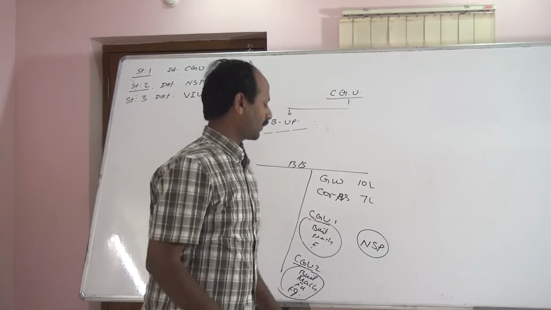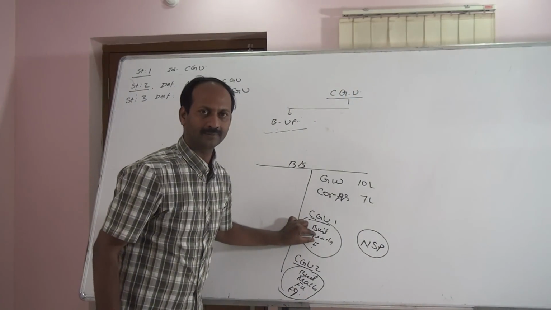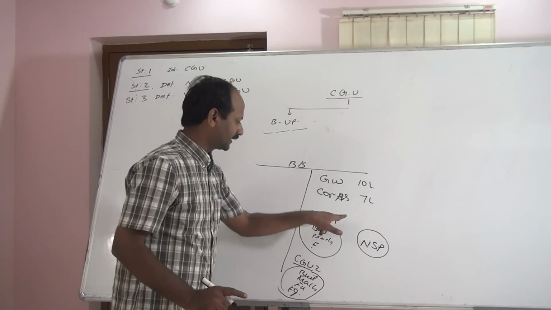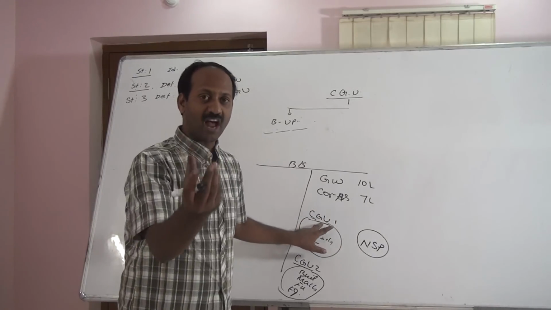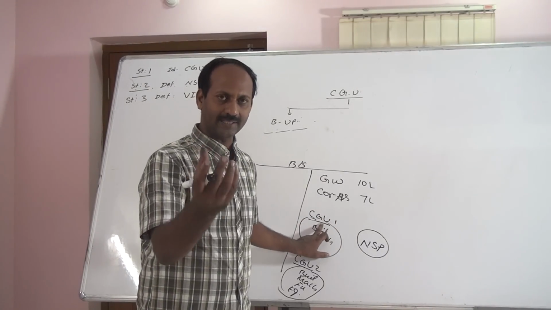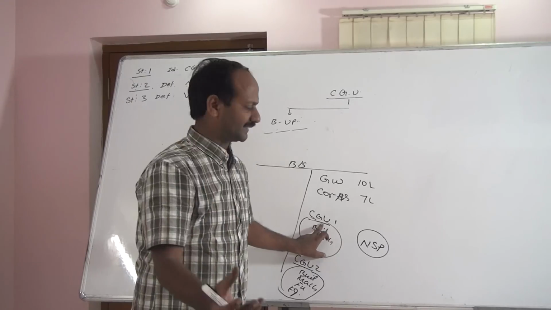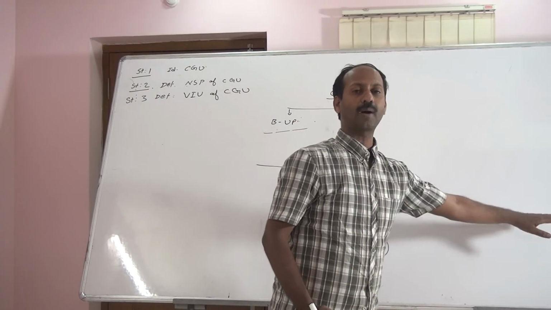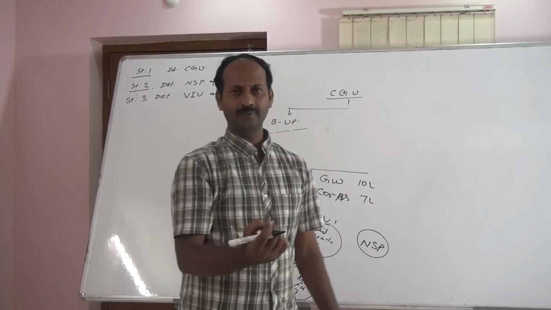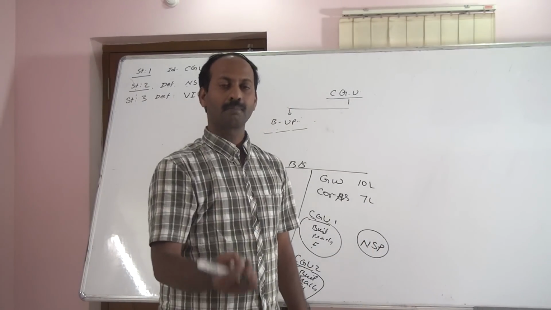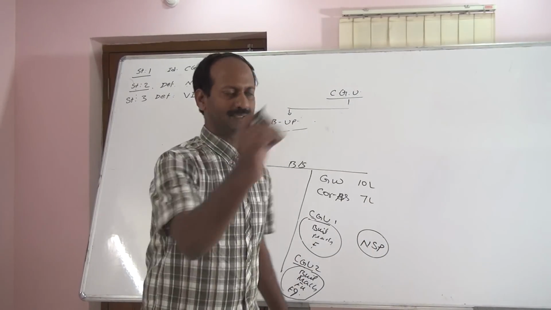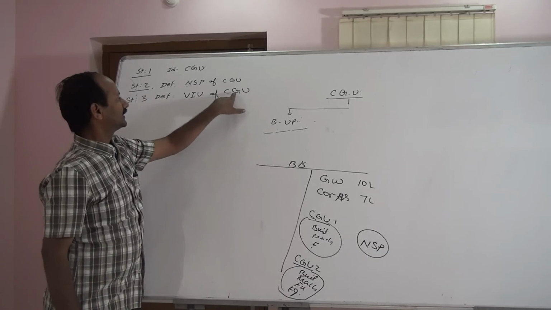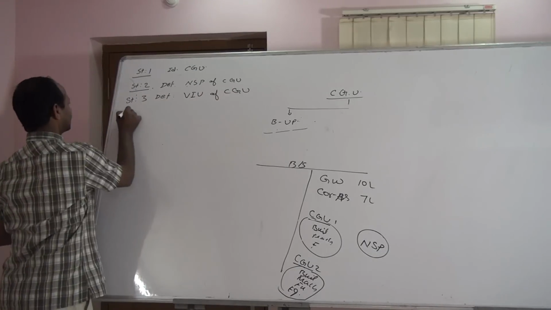I am not talking about one particular piece of asset. I am talking about the group of assets belonging to this CGU. How much net cash flow will be generated in future by using these group of assets shall be converted into present value. This is called value in use of CGU1.